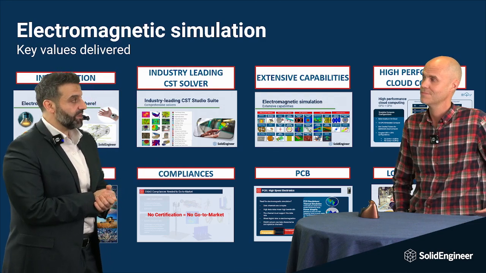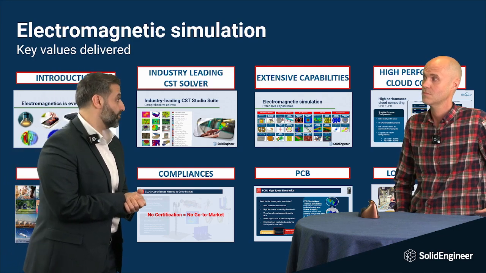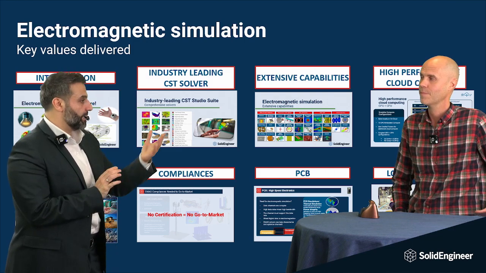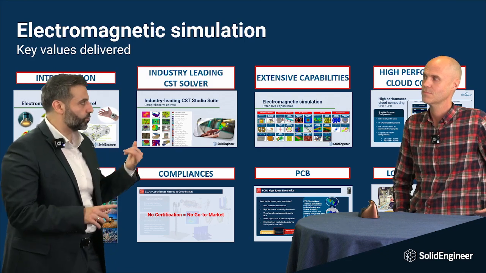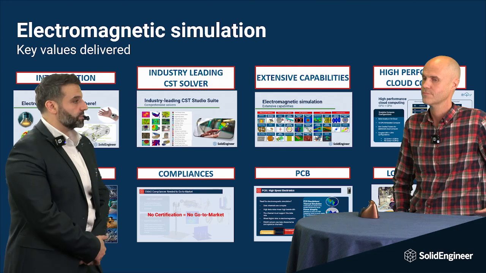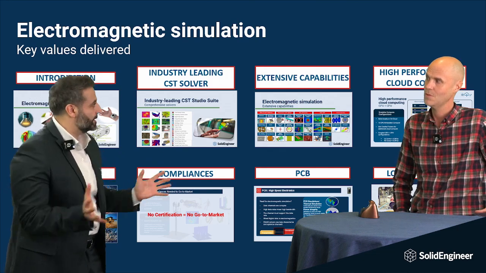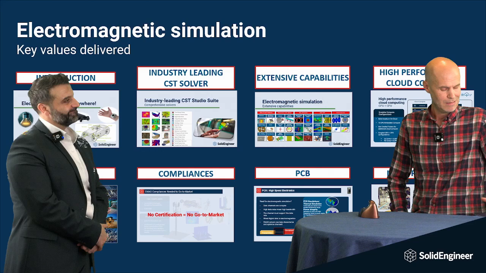You invest in something that will help you reduce time to market, a very important KPI for companies. Simulation helps reduce this time to market and drastically reduces prototyping cost. It changes the life of a company. It's a game changer, totally.